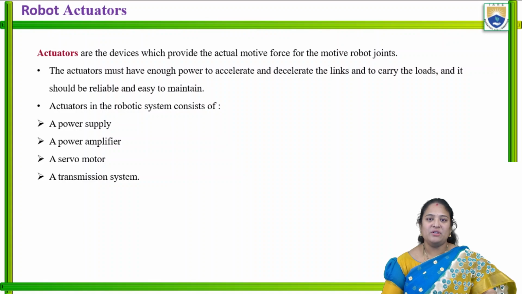The actuator is used to give the power to accelerate or decelerate the links and to carry the load. In order to carry any particular load from one place to another, the robot requires some amount of power, and that is provided by the actuator.